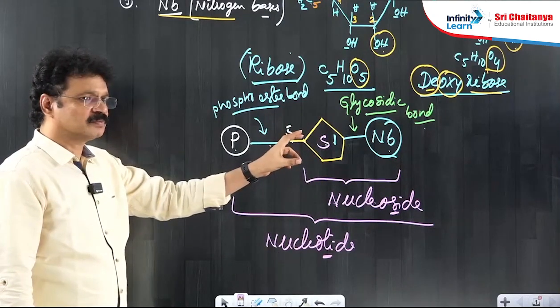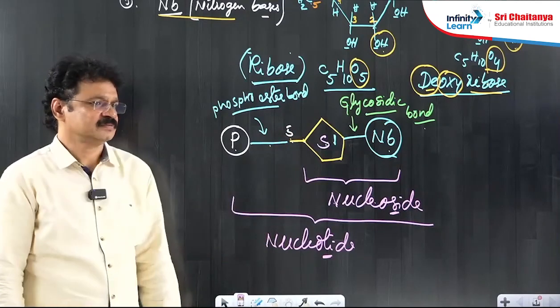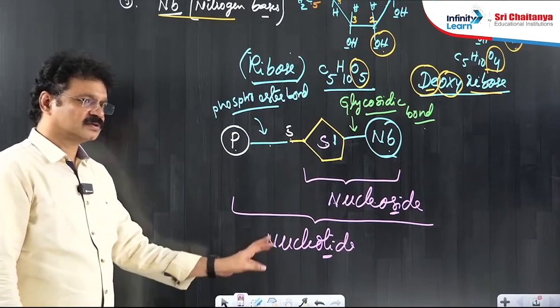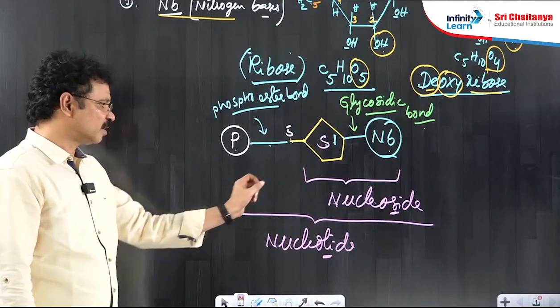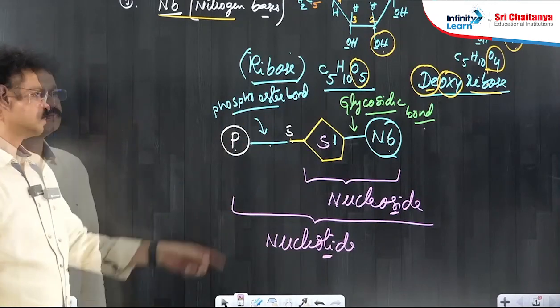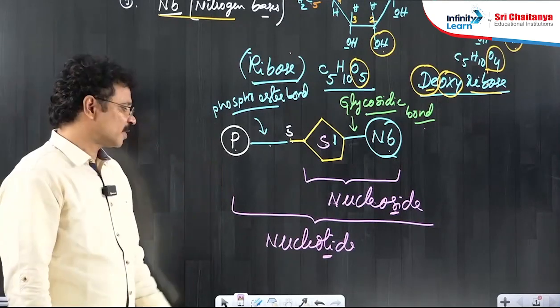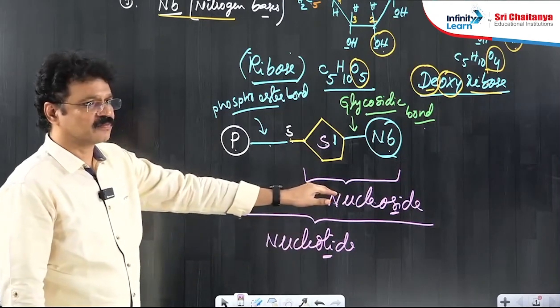Tell me, what is the chemical compound present in nucleotide, not in nucleoside? Name the chemical compound. Yes, right answer, good. Phosphate is the right answer. What chemical constituents are common in both nucleotide and nucleoside?